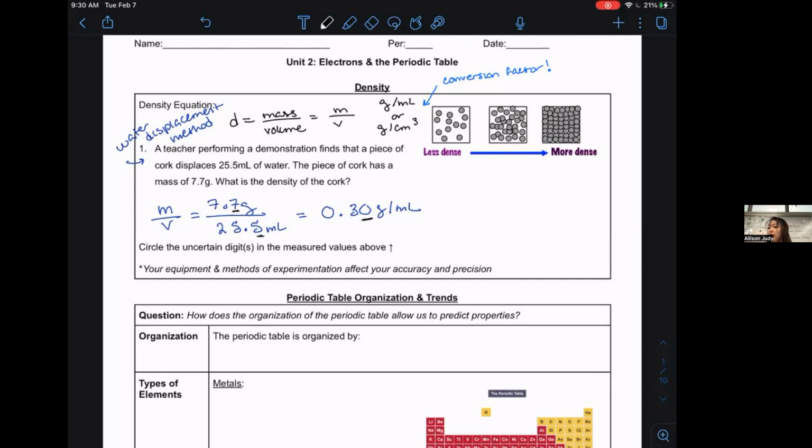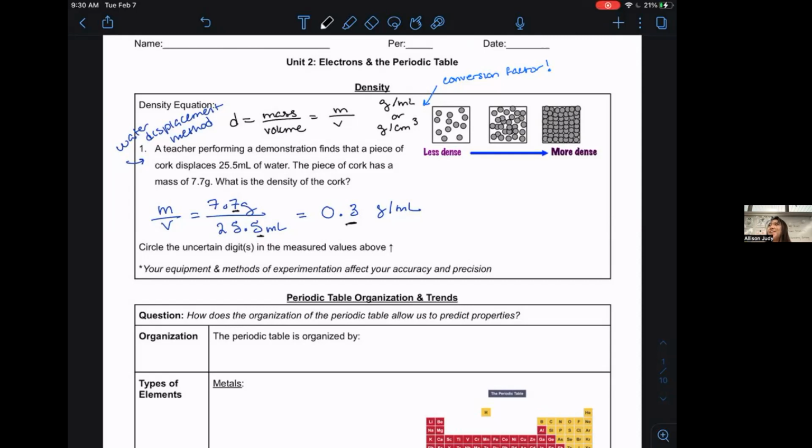I think it would be better actually to stop at 0.3, because that way it's consistent with the digit placement of the raw data uncertain digit. And then for honors, you would technically have 3 sig figs.